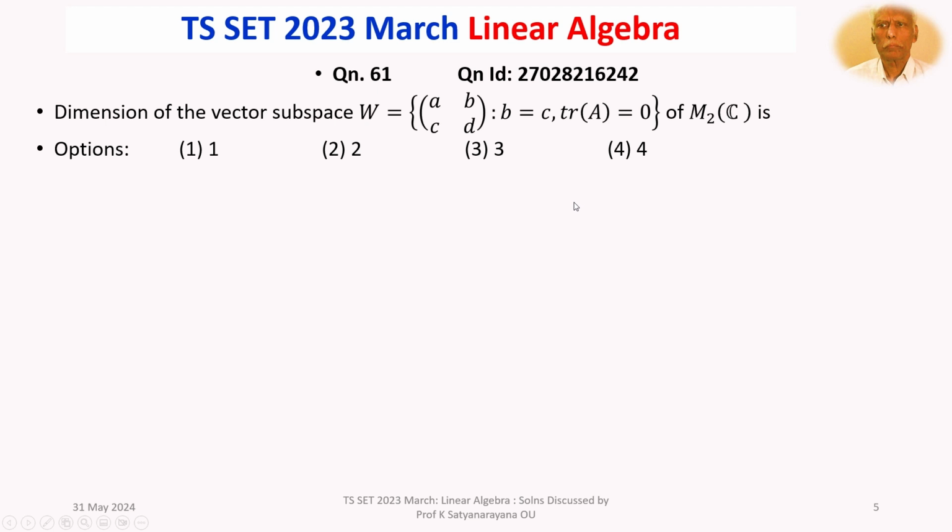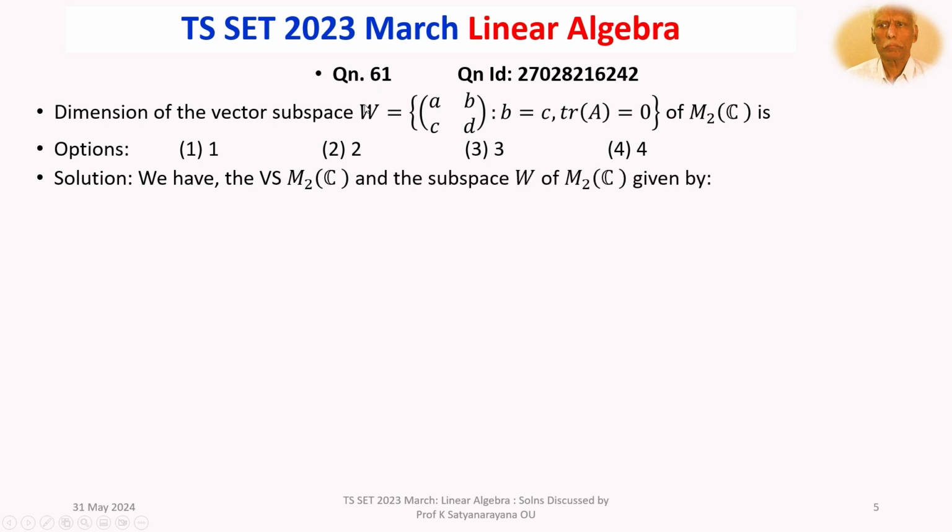Right. So we are given a vector space M2, the set of all 2 by 2 matrices with complex entries over the complex field C. And we are also given a subspace W of M2(C) given by W is the set of 2 by 2 matrices [A, B; C, D], where B is equal to C and the trace of A is equal to 0.